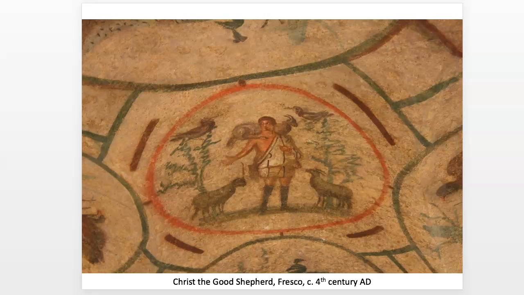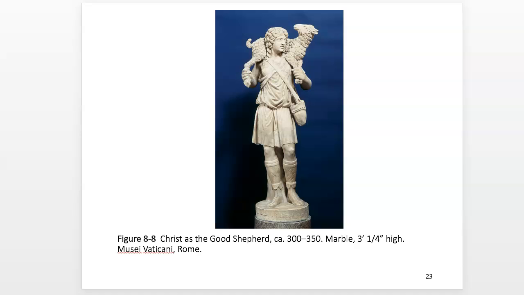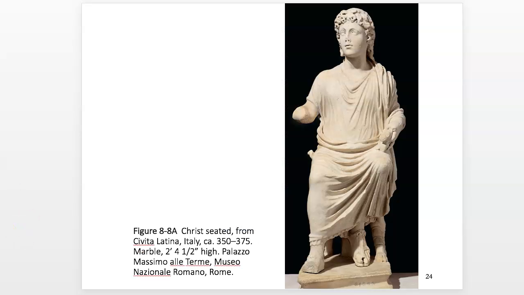It's got a lot of similarity to the fresco in its subject matter, and it's just another depiction of that. Another one of these that's a bit different, the statue I showed you a second ago, is Christ seated. Another of these rarer statues is interesting because he's seated like a philosopher, so this is more of a teaching type of depiction.